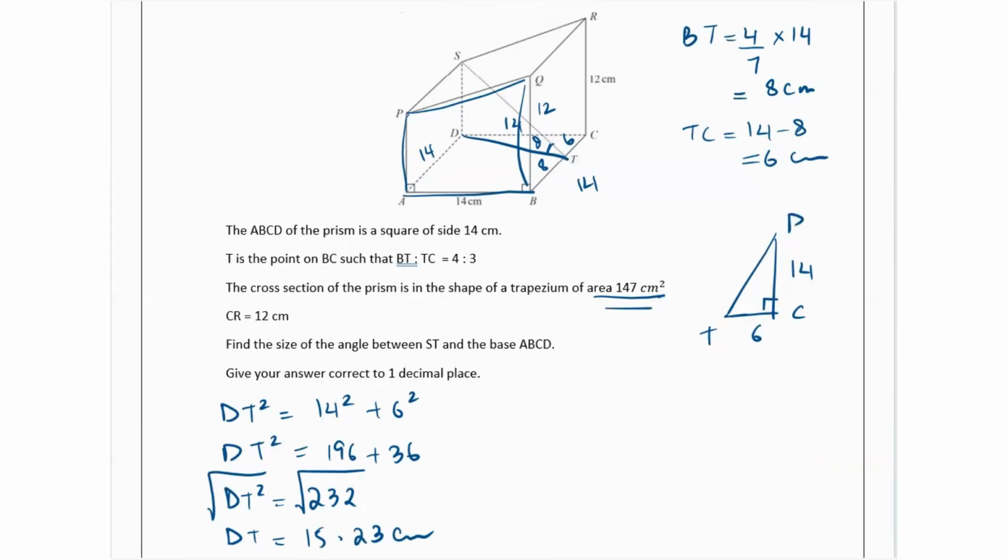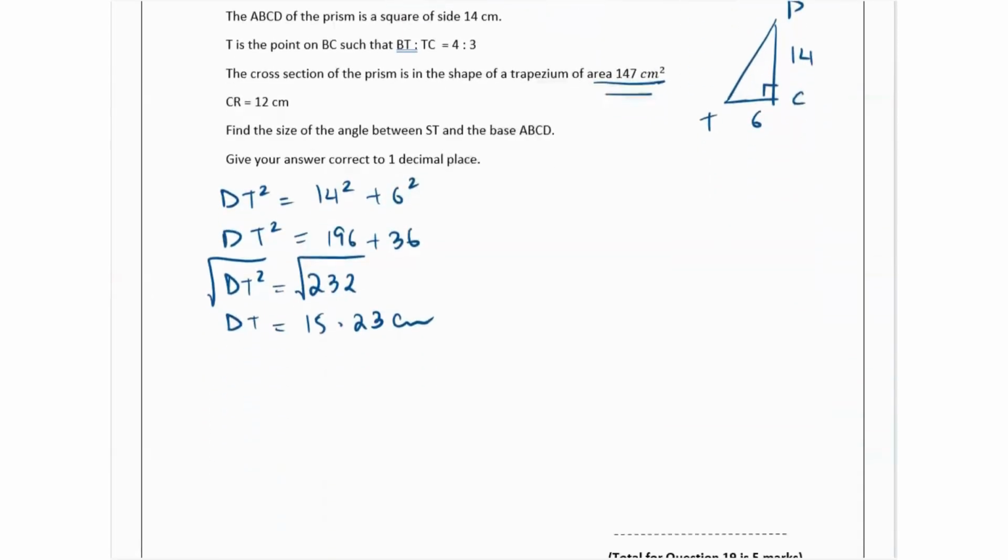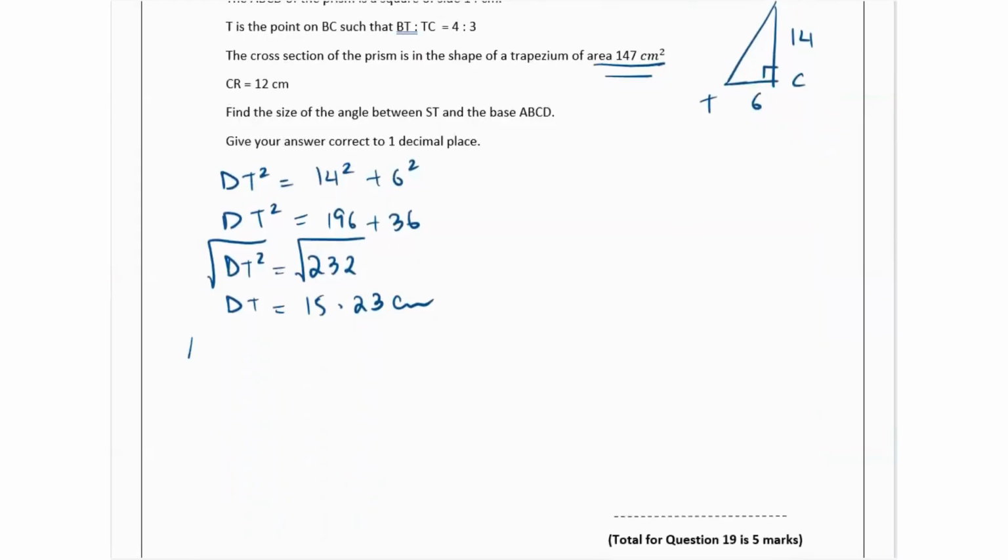So for the area of the cross section, what we need is the height and two parallel sides. PA and DB are the parallel sides and the height is AB. So we have one length, we have the height, we need the parallel sides. So we can easily use the trapezium formula to find that length. So area of trapezium is 1 over 2 times height times sum of parallel sides.